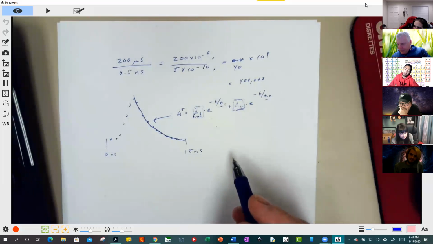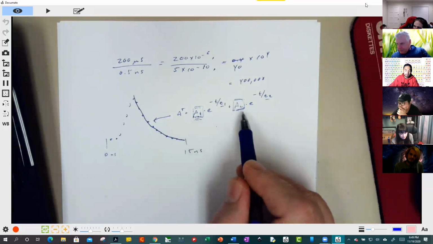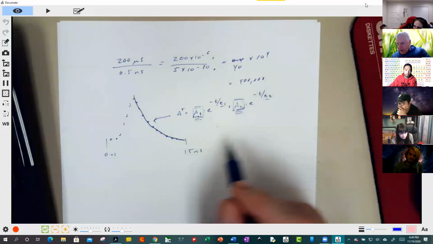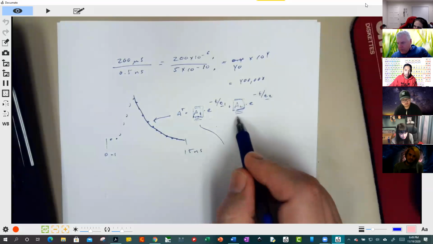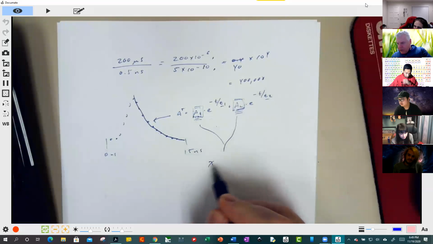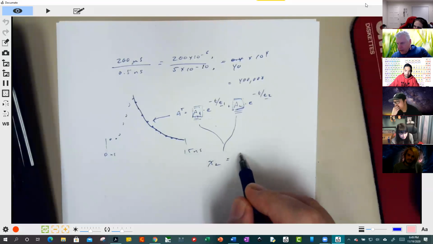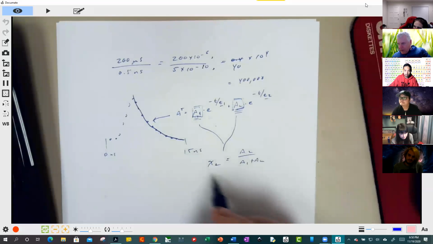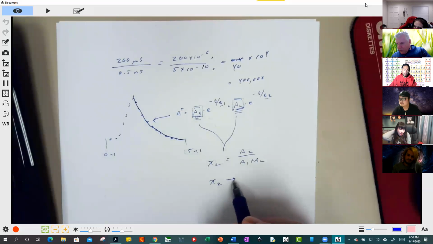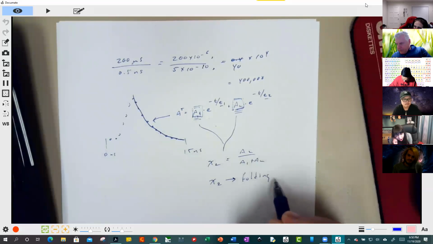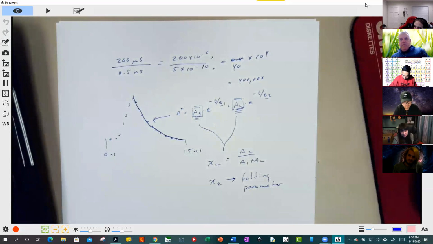And then basically what they do is they develop this chi2, which is A2 over A1 plus A2. And then they're sort of substituting chi2 for this holding parameter. Right?